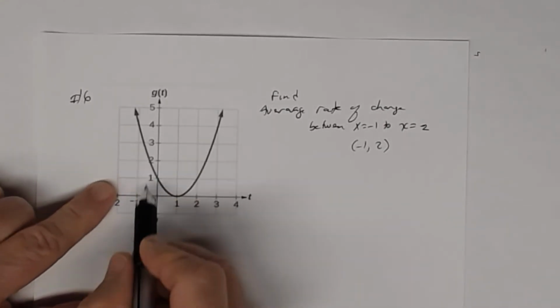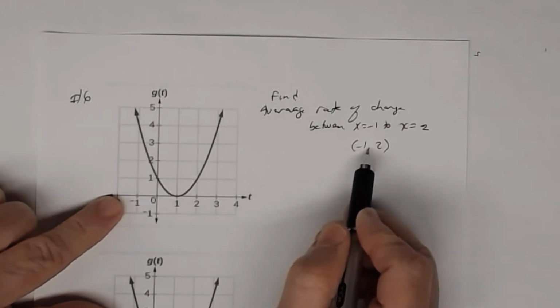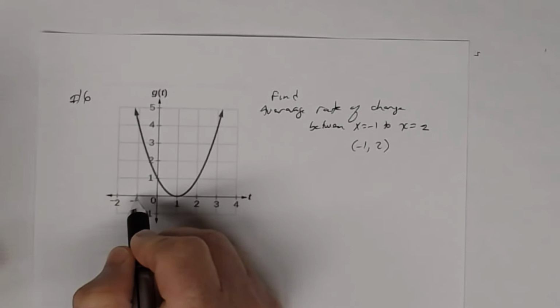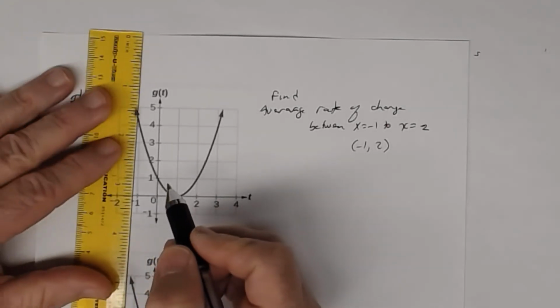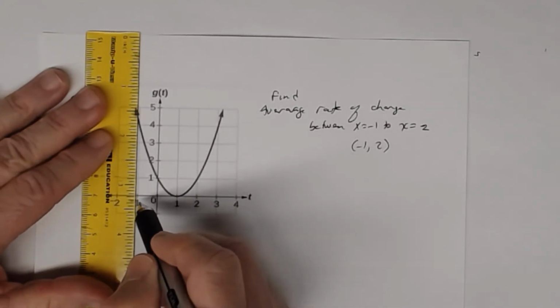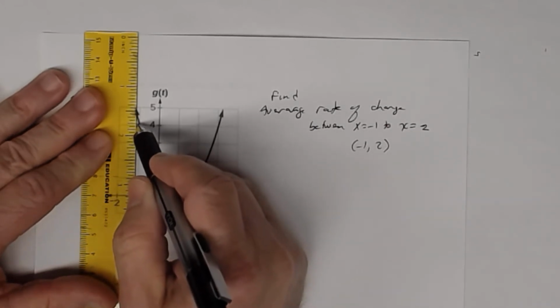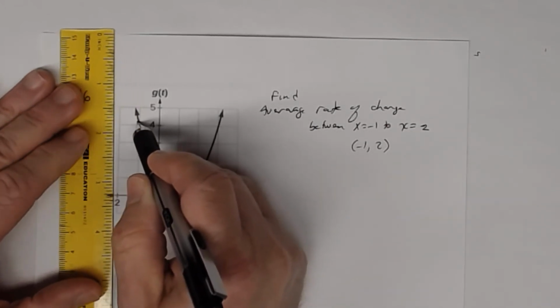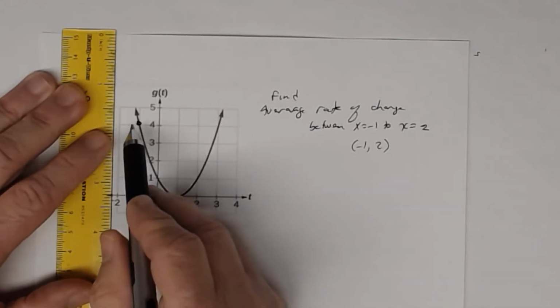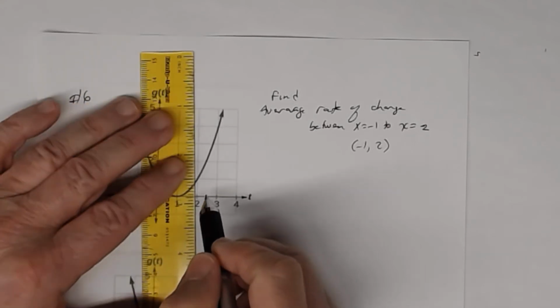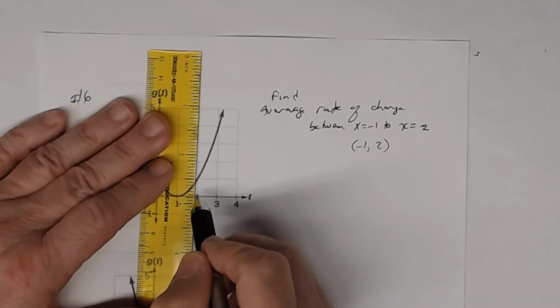So if I look at the point that corresponds to x equal -1, remember in one of the previous lessons, you took a ruler and you put the point that corresponds to the function. Here's where x equal -1, and here is the point where x equal 2.